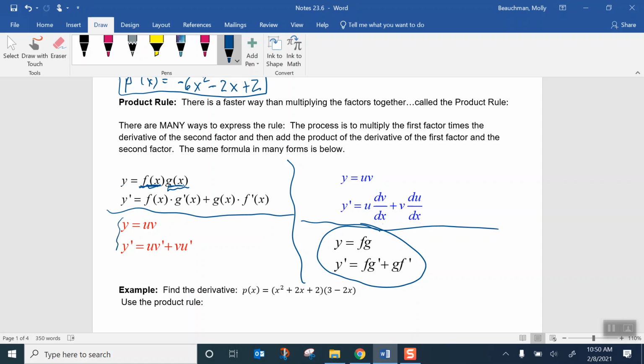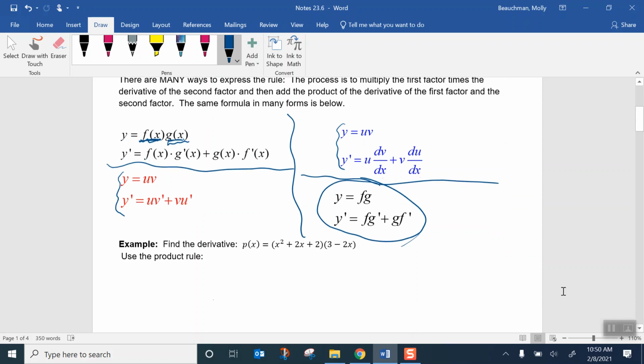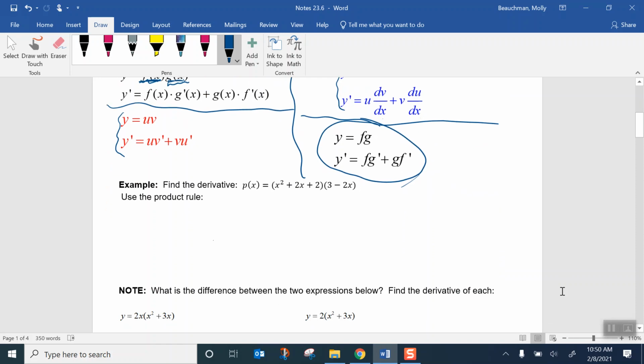All of these other ways are ways to express that exact same rule. I'm going to go with the fourth one just because it looks like it's got a lot fewer variables to confuse.